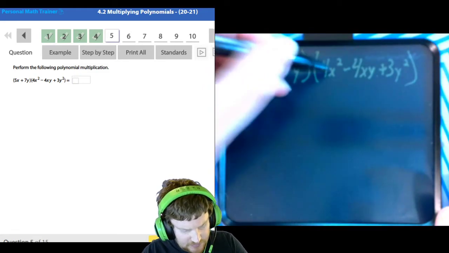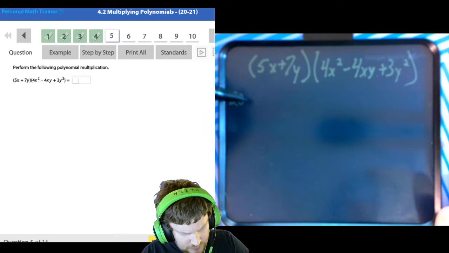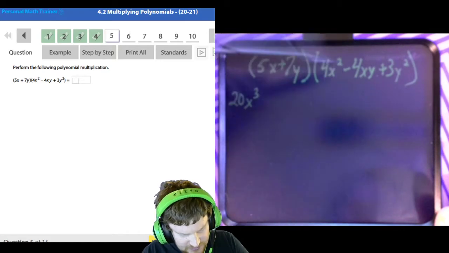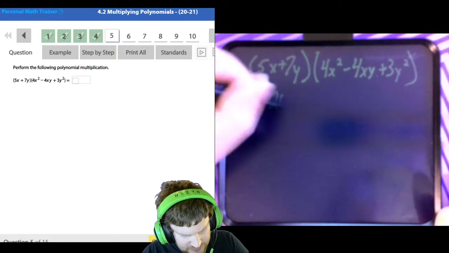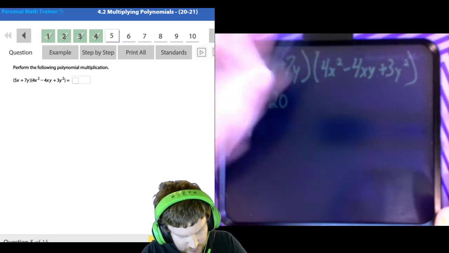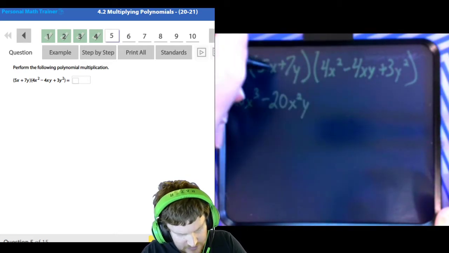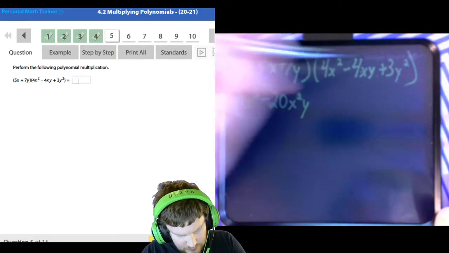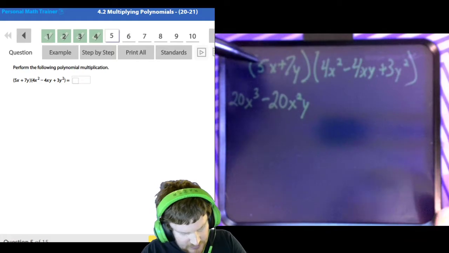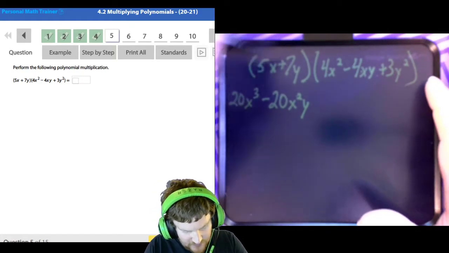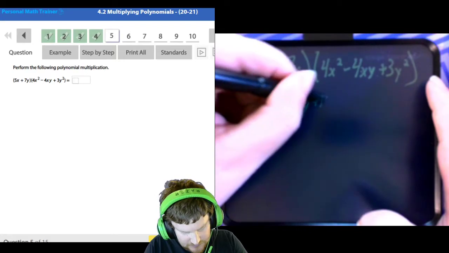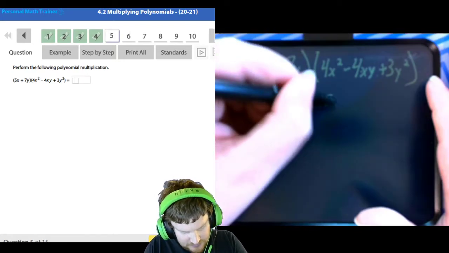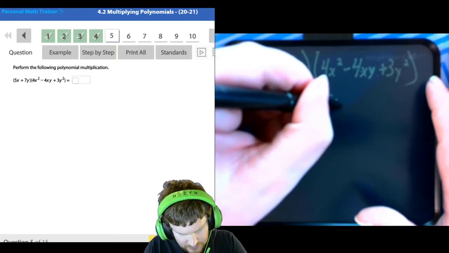So 5x times 4x, that is 20x cubed. 5 times negative 4 is negative 20, and that's going to be x squared y, because x times x is x squared, and then we've got to bring the y over as well. Then on our last one, we're going to have 5 times 3 is 15, x y squared.